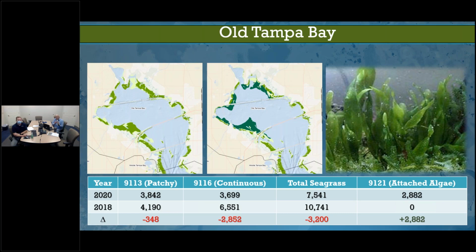If you just look at the grass totals for Old Tampa Bay, you lost 3,200 acres of grass and gained almost 3,000 acres of attached algae. So it's almost a one-for-one swap. Where you lost grass, it was replaced largely by this Caulerpa proliferans.